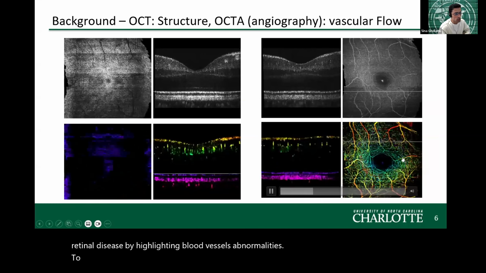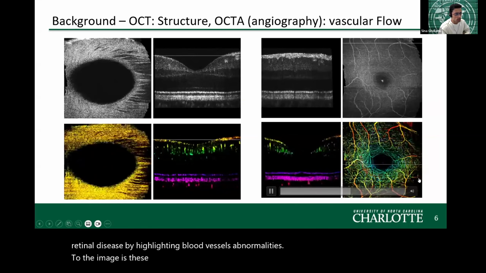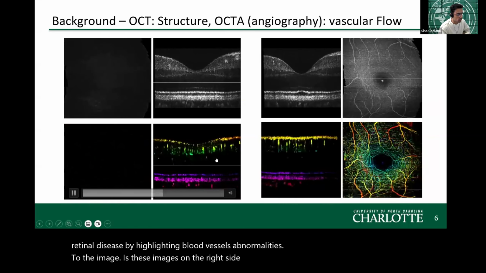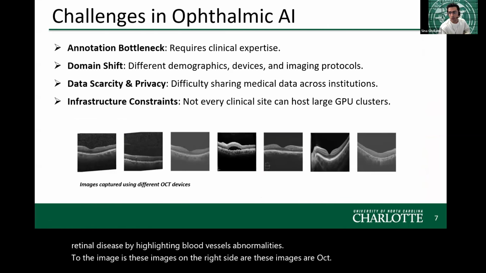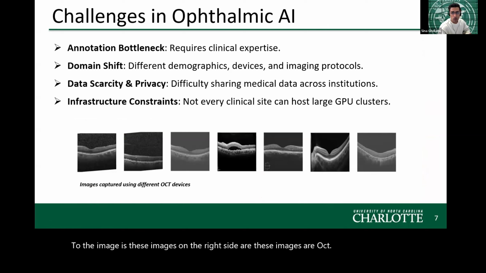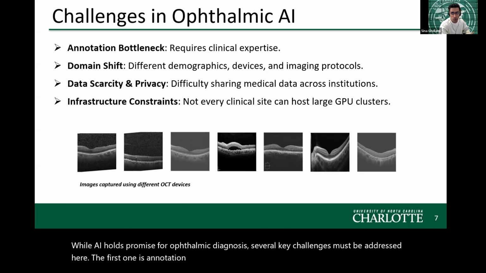These images on the right side are OCTA. Well, while AI holds promise for ophthalmic diagnosis, several key challenges must be addressed here. The first one is the annotation bottleneck. Labeling medical images requires clinicians, making annotation very difficult and expensive.